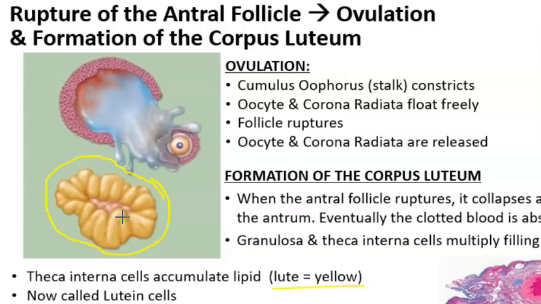So they're just part of the follicle cells that accumulate this yellow lipid. They're called lutein cells. The whole structure is called a corpus luteum. The reason we stress the formation of the corpus luteum, even though we've lost the oocyte, which is not even in the follicle anymore, is because the corpus luteum secretes progesterone. And I bet you've heard of progesterone before. It's another one of the ovarian hormones, right? And we talked about it at the beginning of this lecture as well.